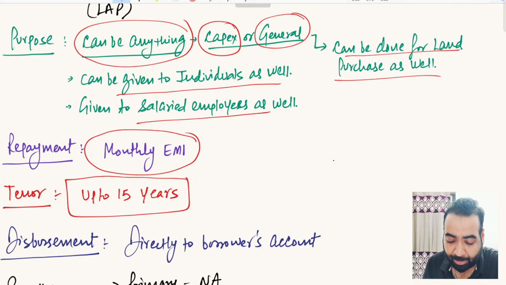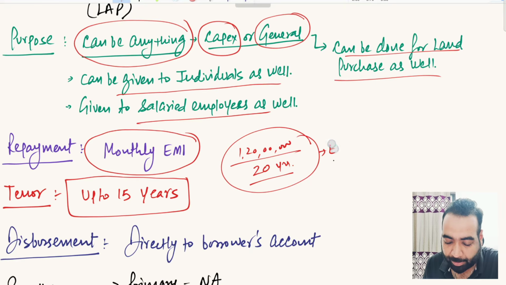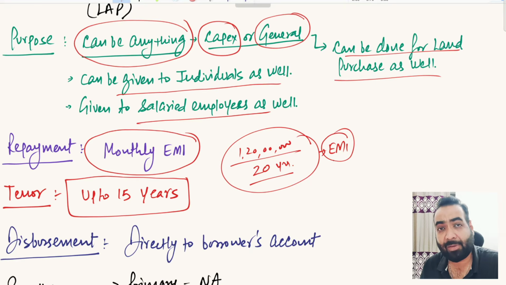So suppose you are getting a 1 crore 20 lakh rupees loan for 20 years, your EMI burden reduces significantly. In the previous video, WCTL was given to you only for 3 to 5 years tenure generally. Machinery term loans and building term loans, which are end-use specific term loans, not open-ended like LAP loan, are given to you generally for 7 years. But this loan you can take for 15 years, 20 years.